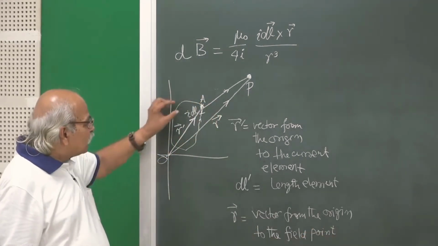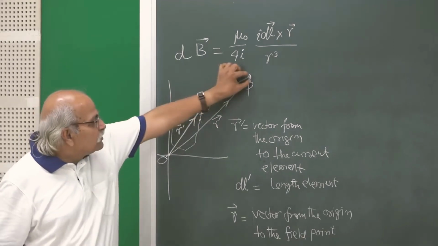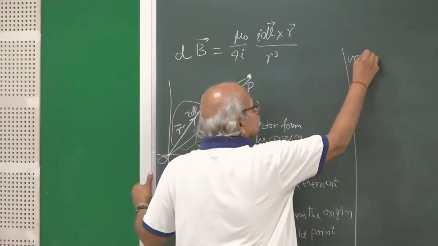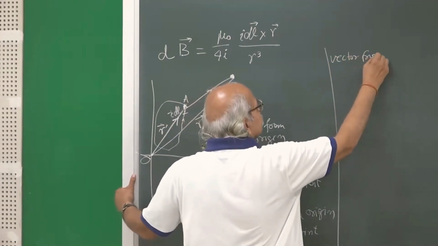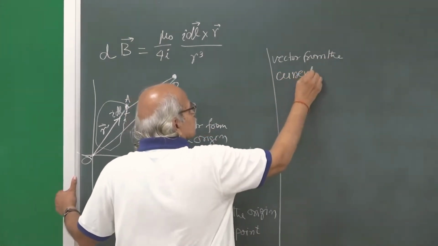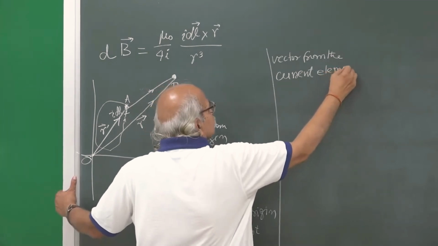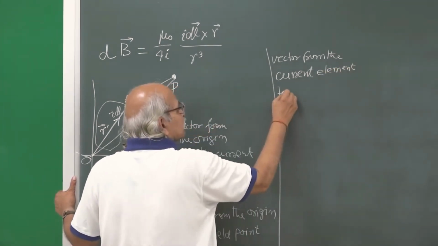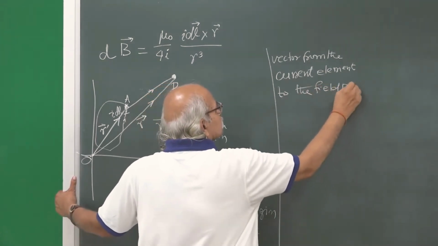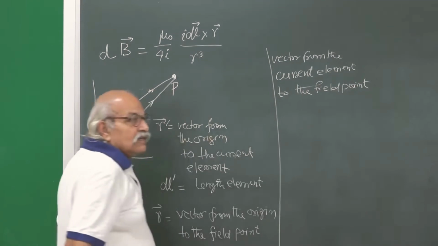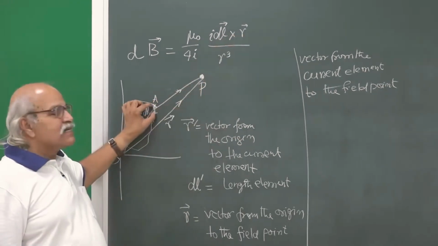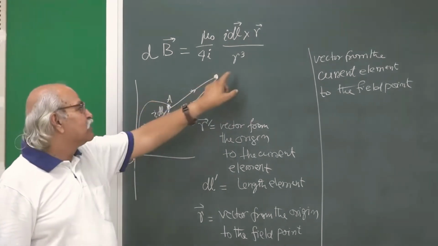And the vector from the current element to the field point is what we had written here as r vector, from the current element to the field point AP.